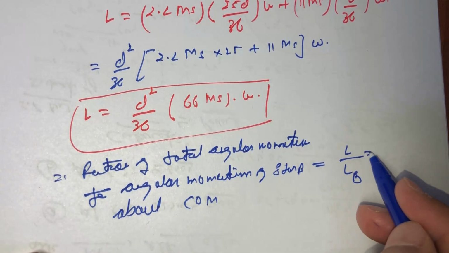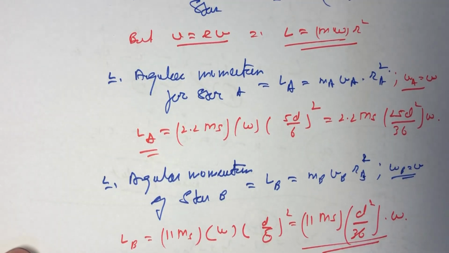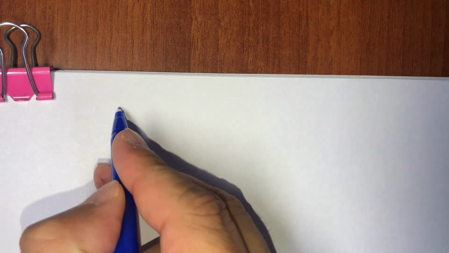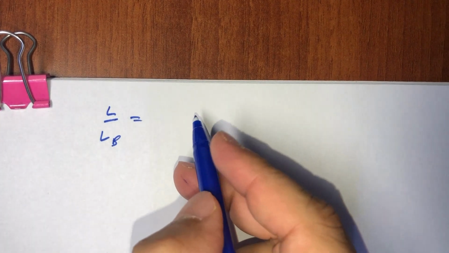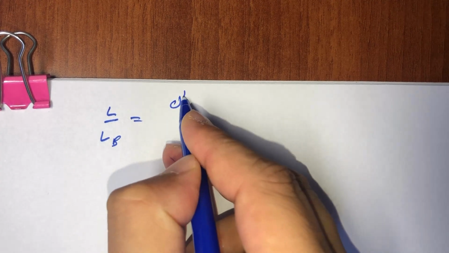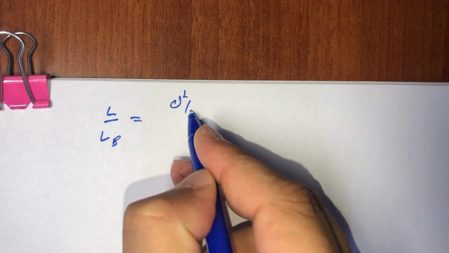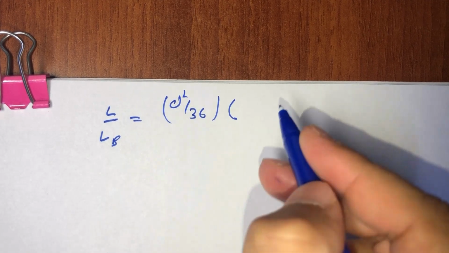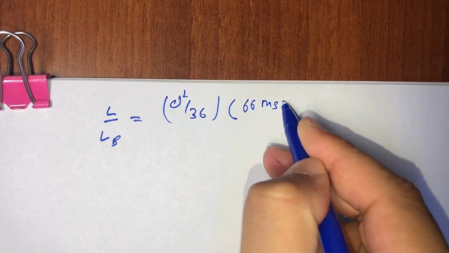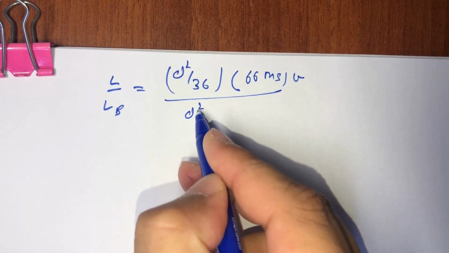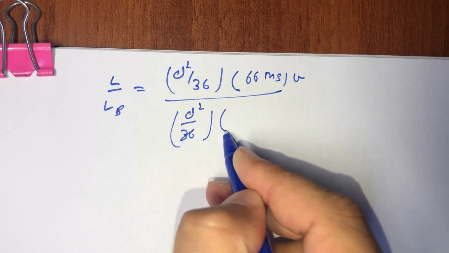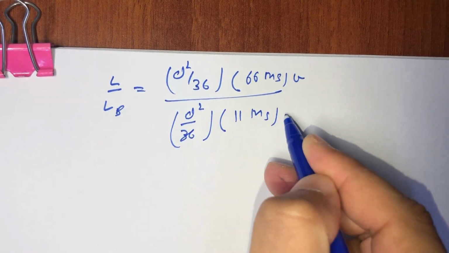So we are supposed to find out L upon LB, and the angular momentum L is d square upon 36 multiplied by 66 ms omega, divided by d square upon 36 multiplied by 11 ms and omega.